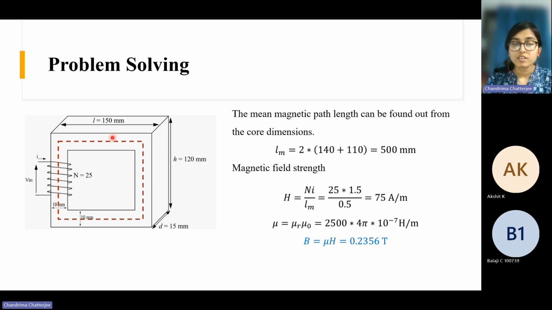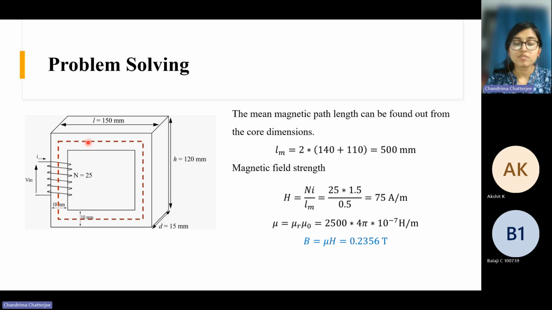So here all these dimensions, height, length, width, are given. So the mean length will be the periphery, right? So this is 2 times 140 plus 110. This is 140 because this total is 150 and we have to find the mean path length. So here this is 10 millimeter, so 5 from here and 5 from here will be deducted.